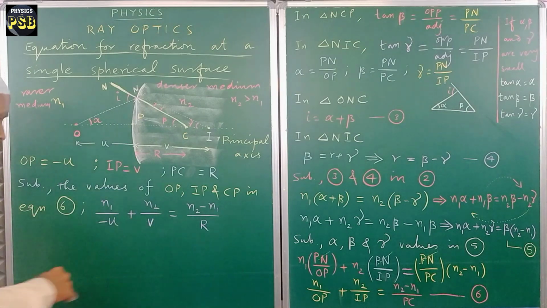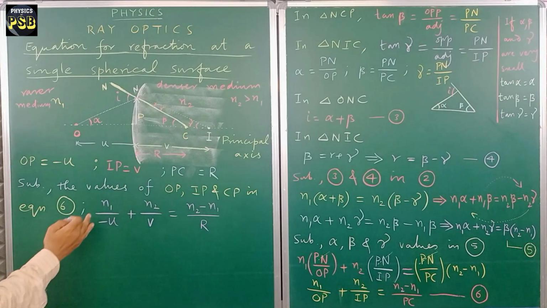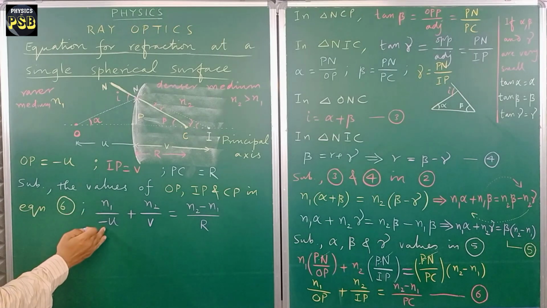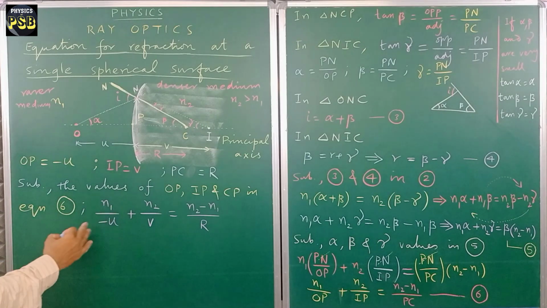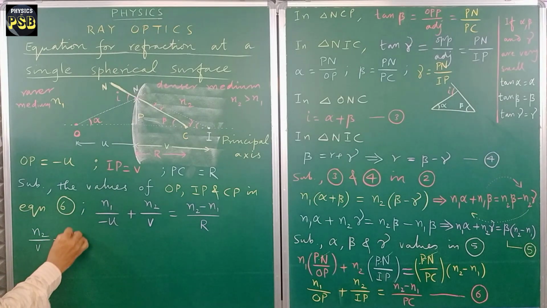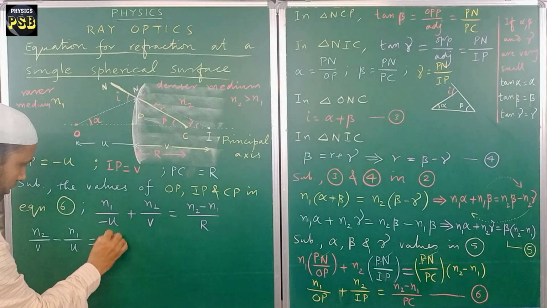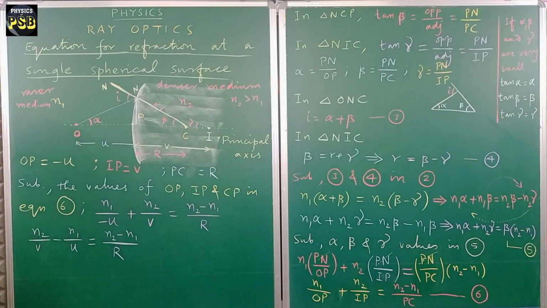Now I am going to rearrange this. N1 upon minus U is calculated as minus N1 divided by U. First I will take the positive term: N2 divided by V minus N1 divided by U is equal to N2 minus N1 upon R. This is what I get at the end.